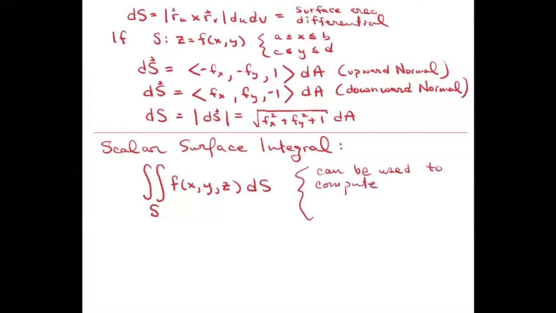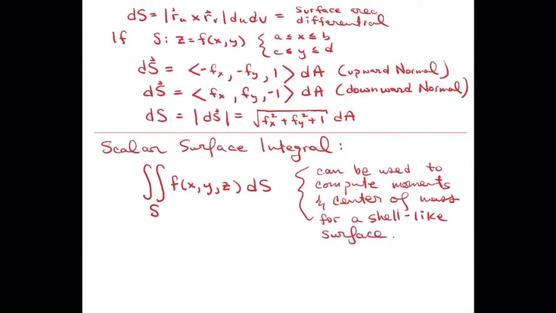It could be first moment, second moment. There are other moments as well. We'll just say moments. Moments of inertia, don't forget, and center of mass. For a shell, basically. A shell-like surface, how about that?